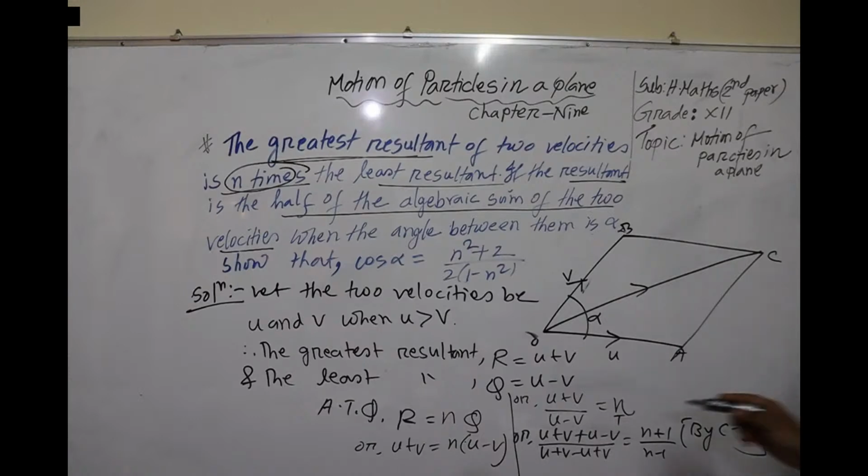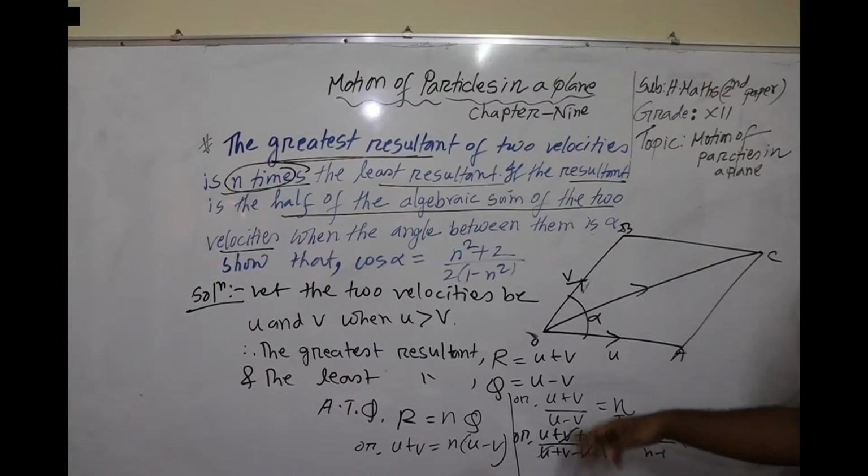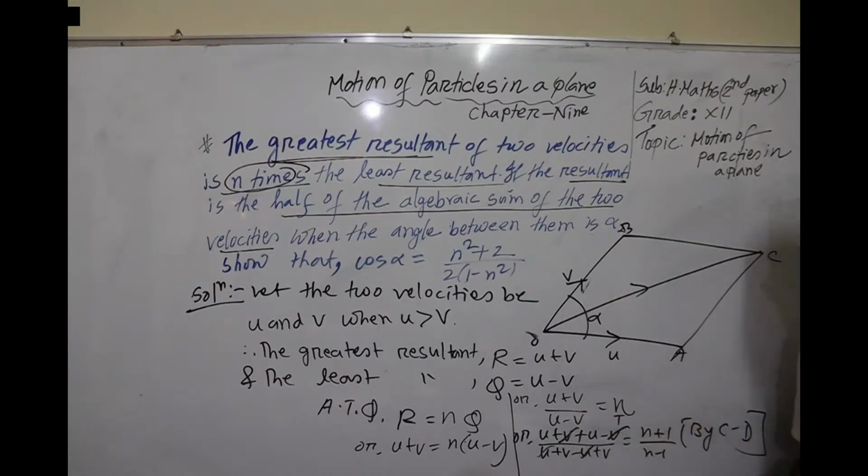See, let's see here. Plus v minus v goes to cancel, and plus u minus u goes to cancel. So the remaining values are u plus u, 2u, and 2v, divided by 2v, the 2 cancel. Then you get u by v equal to n plus 1 divided by n minus 1.